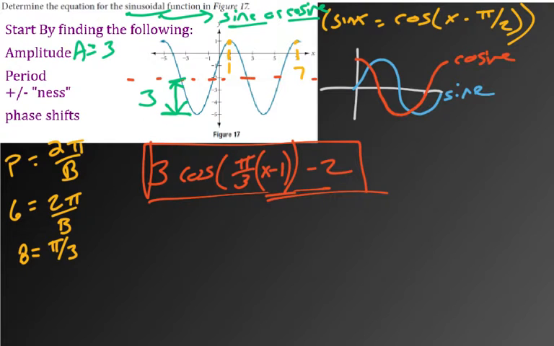And just to highlight again some of the stuff you can see really quickly. Amplitude, you can see by looking at the midline and then seeing how much above and below it is. That's just 3. We know it's shifted down because the midline is not on the x-axis anymore. It's shifted down 2.